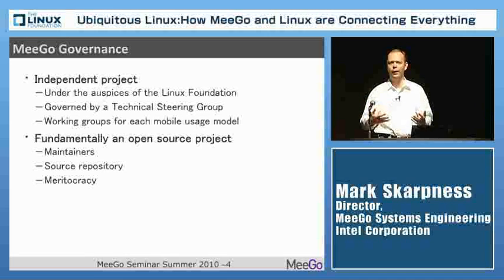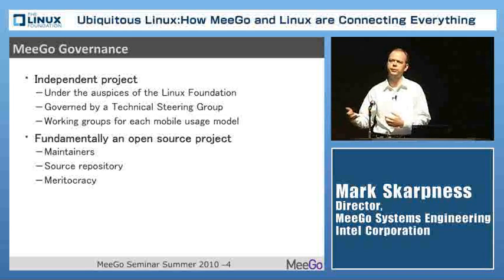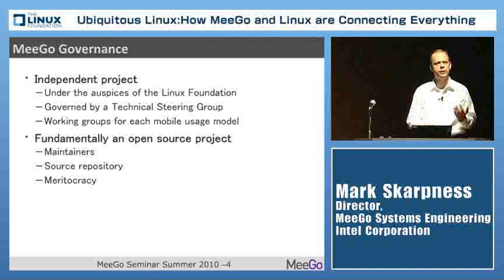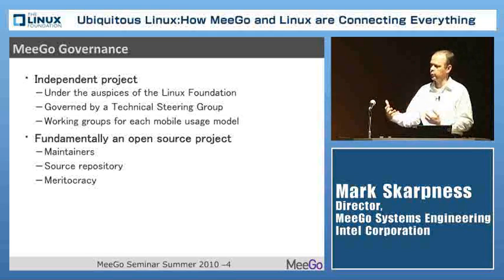If you can bring a requirement and bring an implementation, that's the best. And I think that is also the way, if you want to become an influential member in MeeGo over time, bringing requirements and bringing contributions is the right way to do that. Because MeeGo, as an open source project, is really driven by the people that contribute the most, ultimately, in terms of technology and in terms of resources.